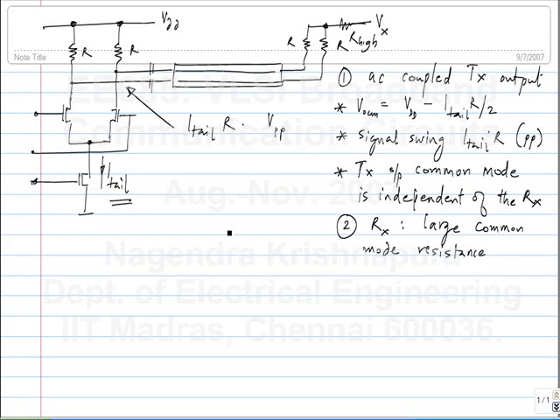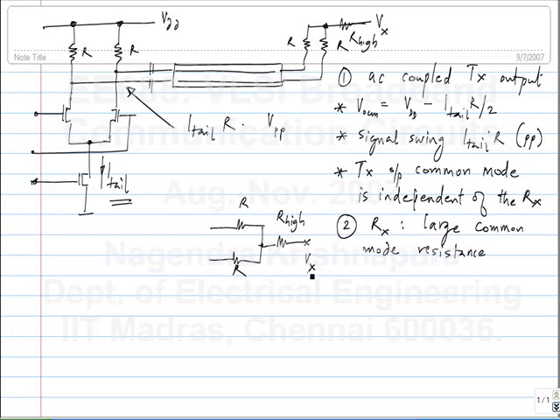So the second one corresponds to the receiver looking like this. Differentially, it should always look like R, so that the transmission line is properly terminated. And this can be terminated by some high resistance to practically any voltage. If the resistance is high enough, then Vx does not have any effect on the transmitter output.